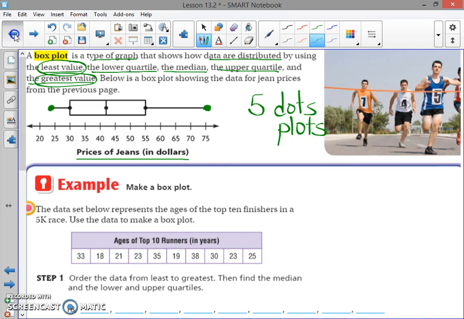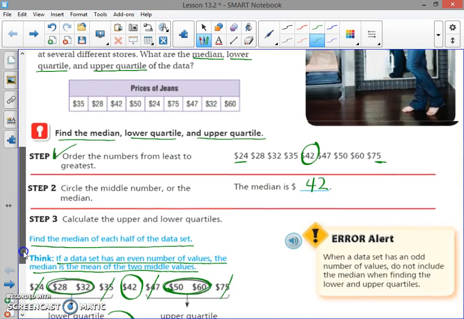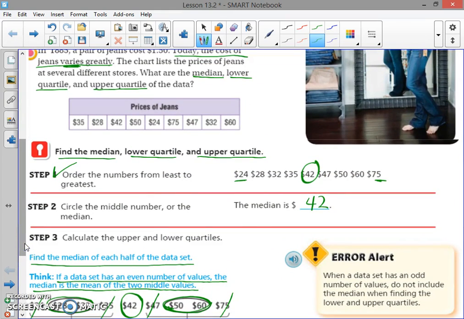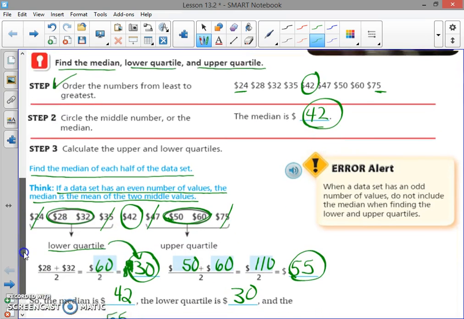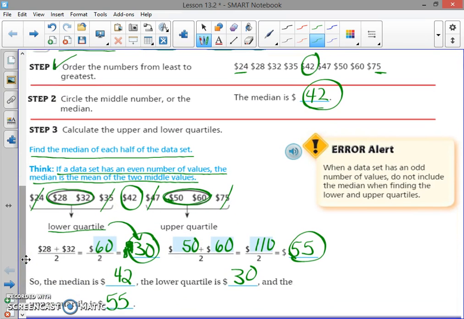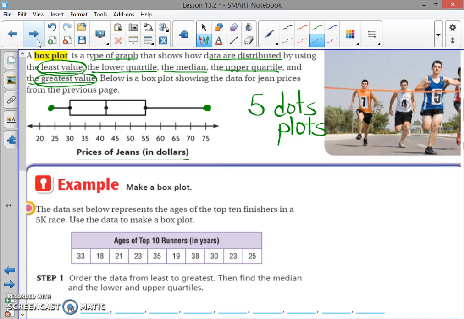And then if we go back, our median we said was 42, lower quartile 30, upper 55. So we have 30 as our lower quartile median. 42 was our median of the whole set, and 55. Okay, 30, 42, 55. So 30 gets a dot, 42 gets a dot, and 55 gets a dot.